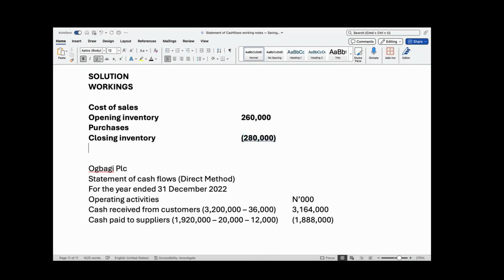Then I have my cost of sales, which is 1,920. So this one should then be 1,940, as the balancing figure.